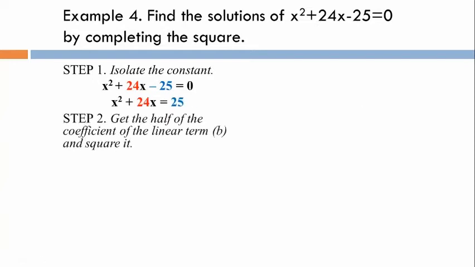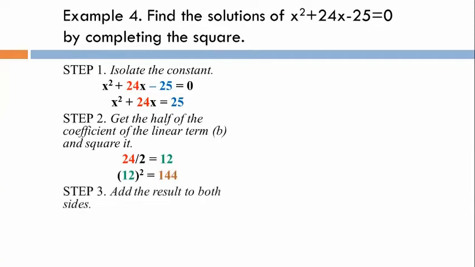Then we get the half of the coefficient of the linear term b and square it. We have the linear term, which is 24, divided by 2 is 12, and the square of 12 is 144. Then we add the result to both sides of the equation. That is x squared plus 24x plus 144 and 25 plus 144.